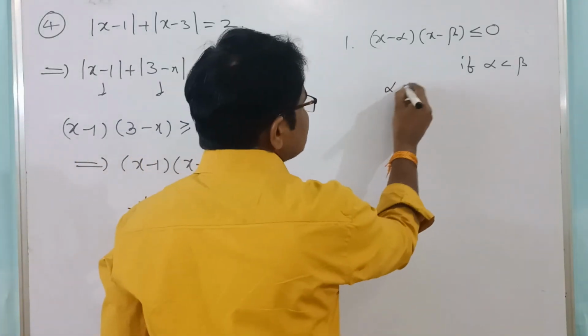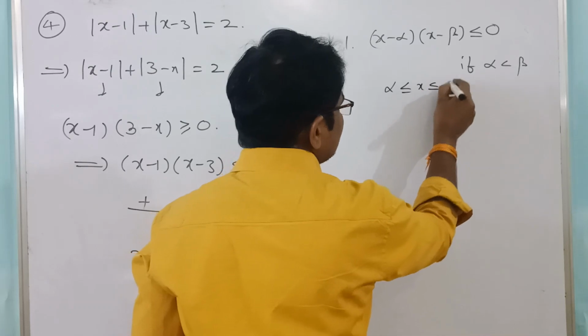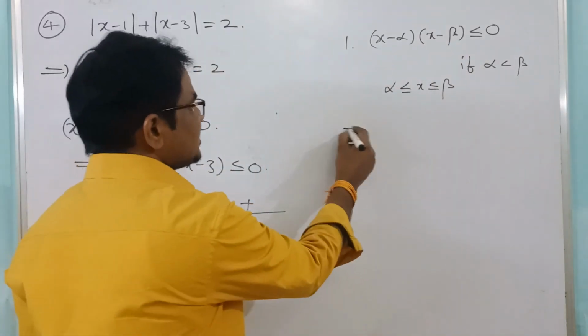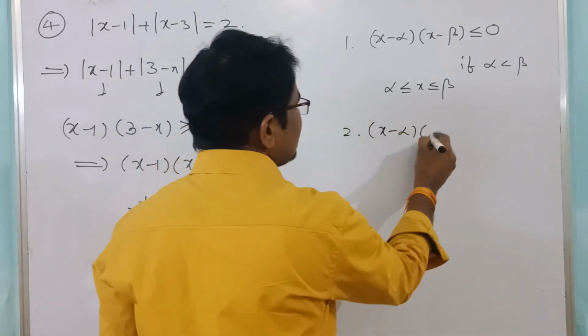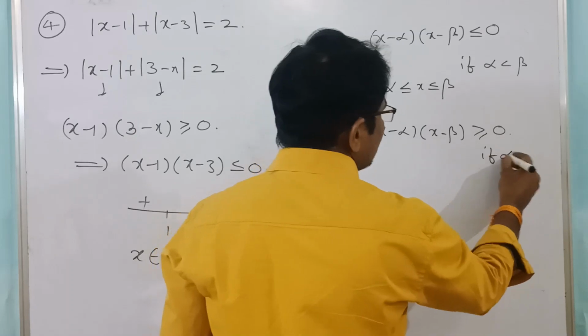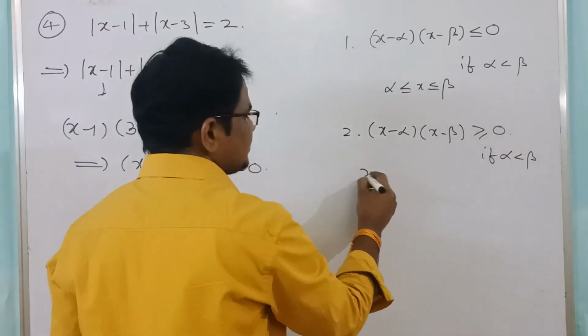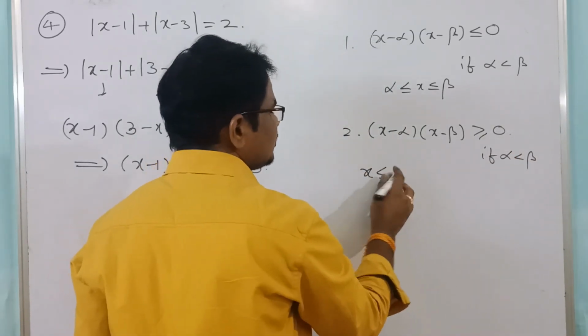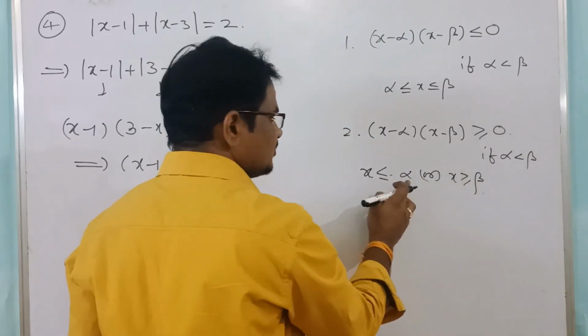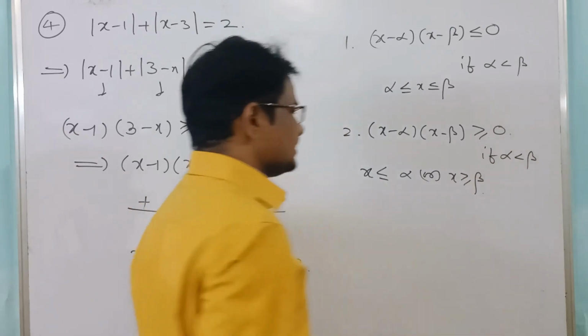It can be written as alpha less than or equal to x less than or equal to beta. Definitely these values satisfy this condition. And the second one, suppose (x minus alpha)(x minus beta) greater than or equal to 0. Here also if alpha is less than beta, you can write it as x less than or equal to alpha, or x greater than or equal to beta. Less than or equal to the least value, greater than or equal to the greatest value.